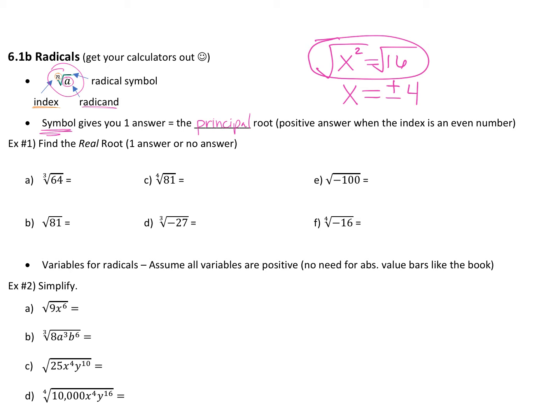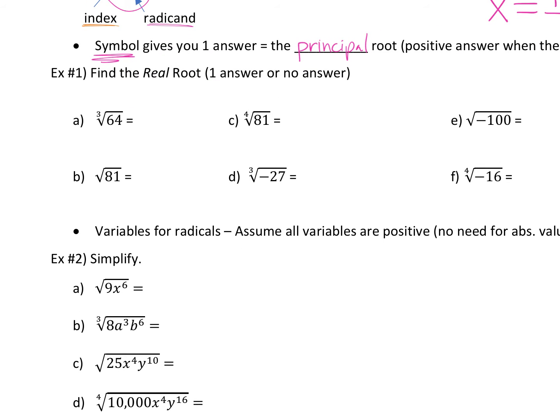Today's problems are not equations. Today's problems are just saying, here's the cube root of 64, here's the fourth root of 81, here's the square root of 81. When we do that, we don't give both answers. We only give what we call the principal root, which is a positive answer if your index, the 3, the 4, is an even number.